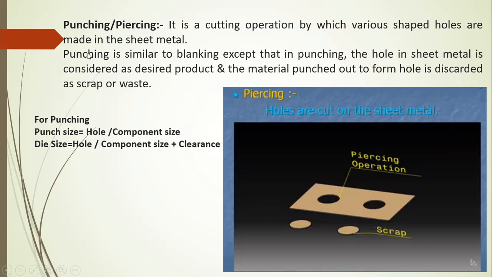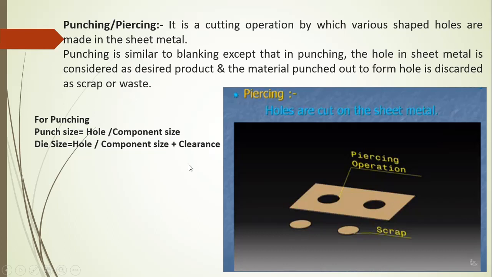That is, punching is similar to blanking, except that in punching the hole in the sheet metal is considered the desired product and the material punched out from the hole is discarded as scrap.